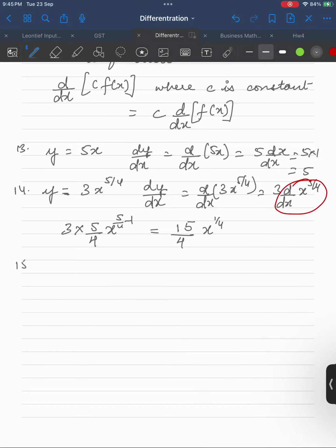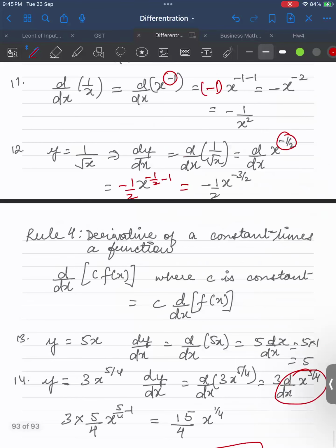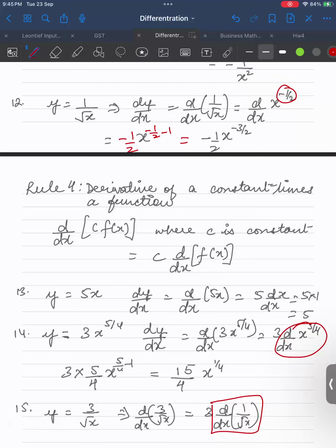Now, let's take some more examples. It's going to help you. 3 upon root x. If you do these questions, then you will be able to do it. Again, d upon dx of 3 upon root x. 3 will come outside, and this part is the same as we have done previously, like example number 12.